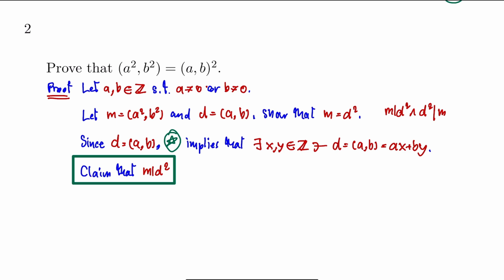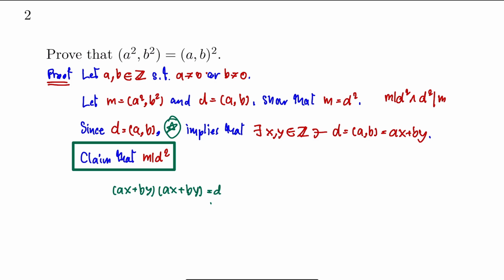So I might want to start with ax plus by times ax plus by. Let's find this one. You're going to have d square, right? For this one, we have a square x square plus 2abxy plus b square y square equals d square.